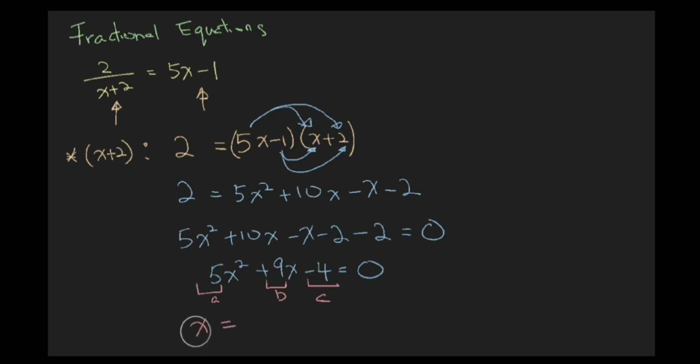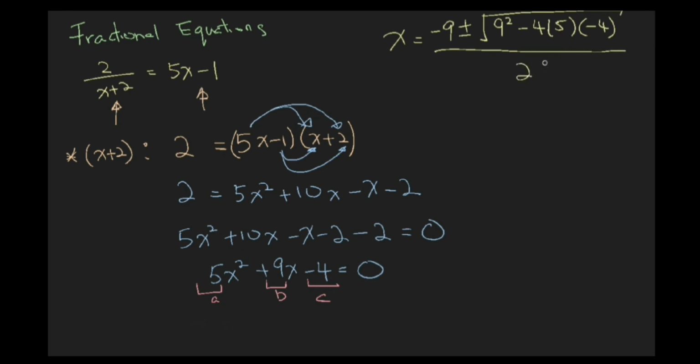So let me write the answer on the top right corner. So x is simply equal to minus b plus minus square root of b squared minus 4ac over 2a.